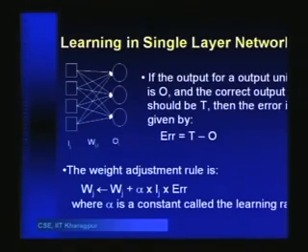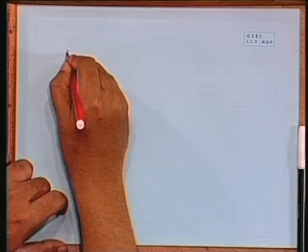Let me quickly derive this particular equation for updating the rules. Then we will see some example cases of this learning and its applications also. So, first we define the error.